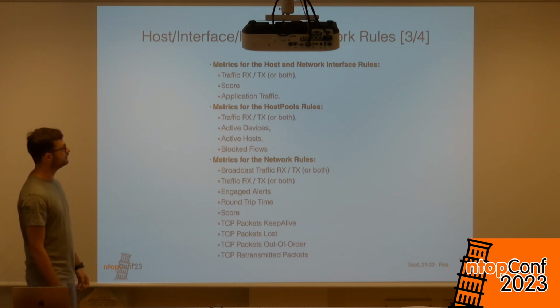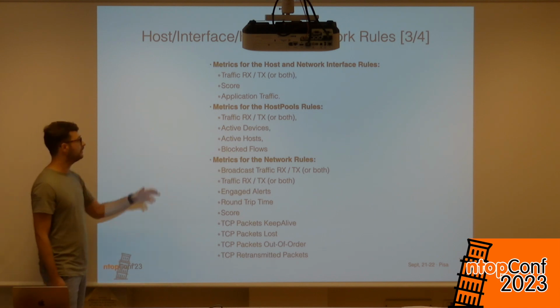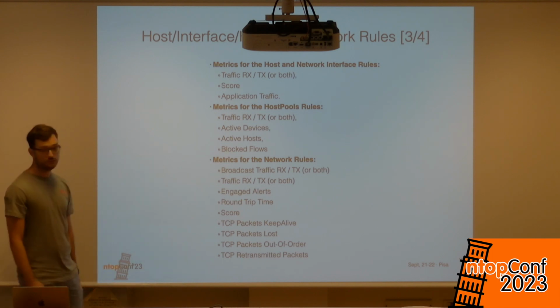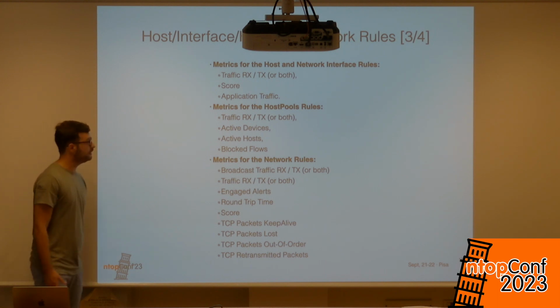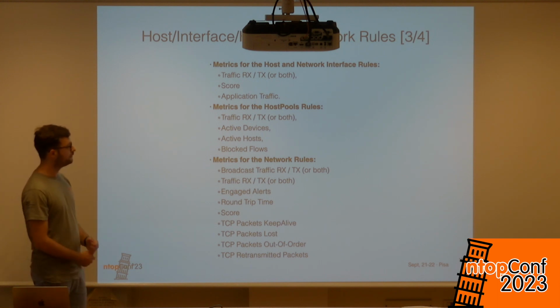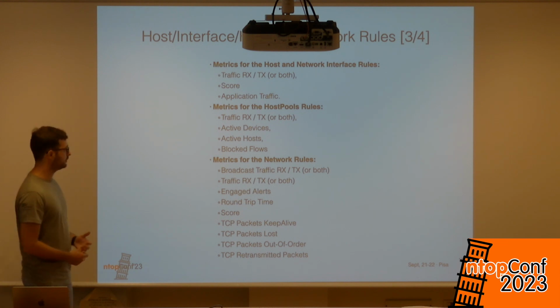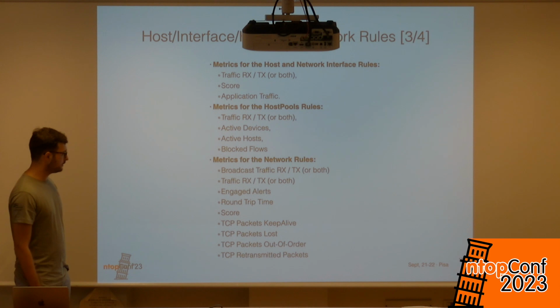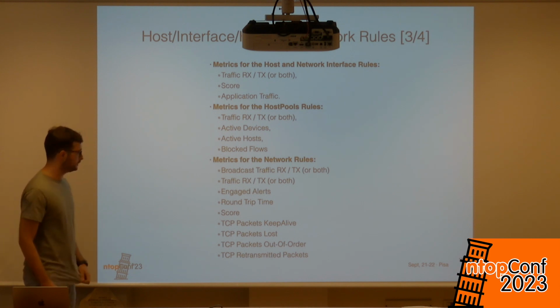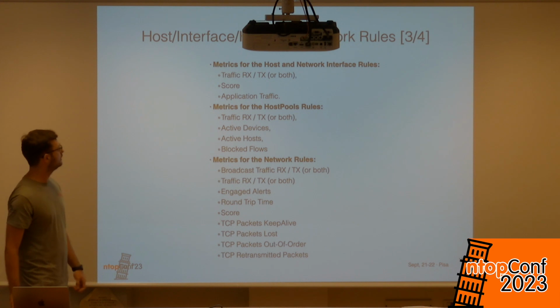Metrics for the host and network interface rules are the traffic received and transmitted or both, the score, the application traffic, and then for the host pools we have traffic received and transmitted or both, active devices, active hosts, blocked flows, and finally for the network rules we have broadcast traffic received, transmitted or both, traffic received, transmitted or both, engaged alerts, round trip time, score, TCP packets keep alive, TCP packets lost, TCP packets out of order, and finally the TCP transmitted retransmitted packets.